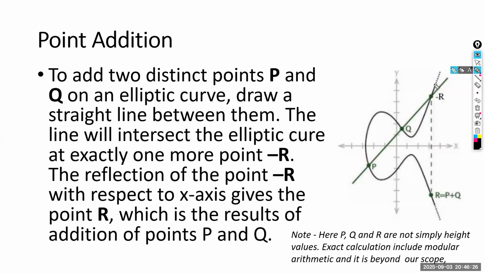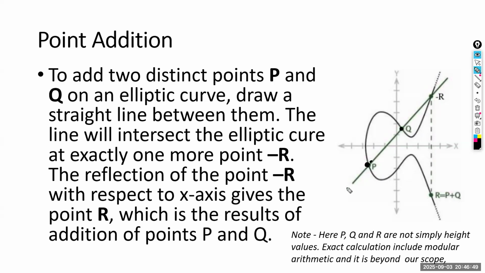So remember elliptic curve is something like this kind of a curve. That of course I already explained, right? This kind of a curve. So what is meant by point addition? If you have 2 points like this in your elliptic curve, if you want to get the addition of these 2 points, right?